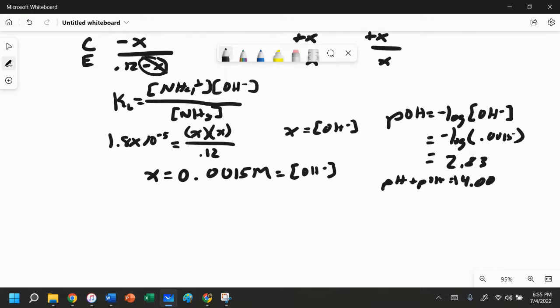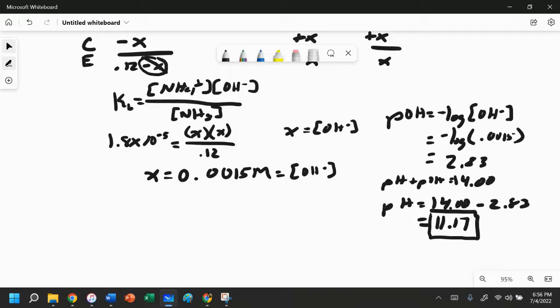If the temperature was different, then pH plus pOH will equal something different than 14. So now we can solve for the pH by taking 14.00 and subtracting the pOH, 2.83. You get 11.17. And so that is our pH of this weak base solution.